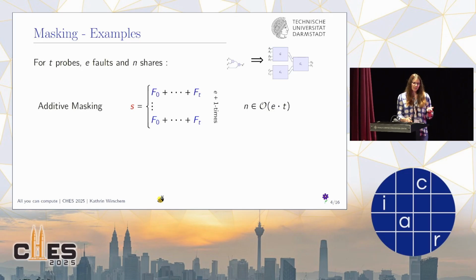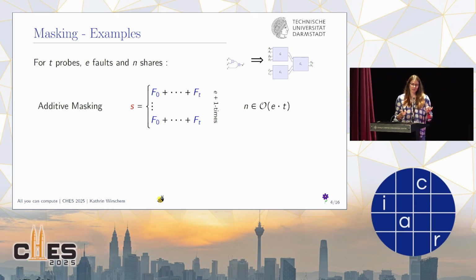For additive masking, when considering again t probes and e faults, and the overall number of shares is n, we would have a secret s, and this is then masked by choosing t elements uniformly at random and one more element f_t, such that the sum of the f_i is equal to the secret s.